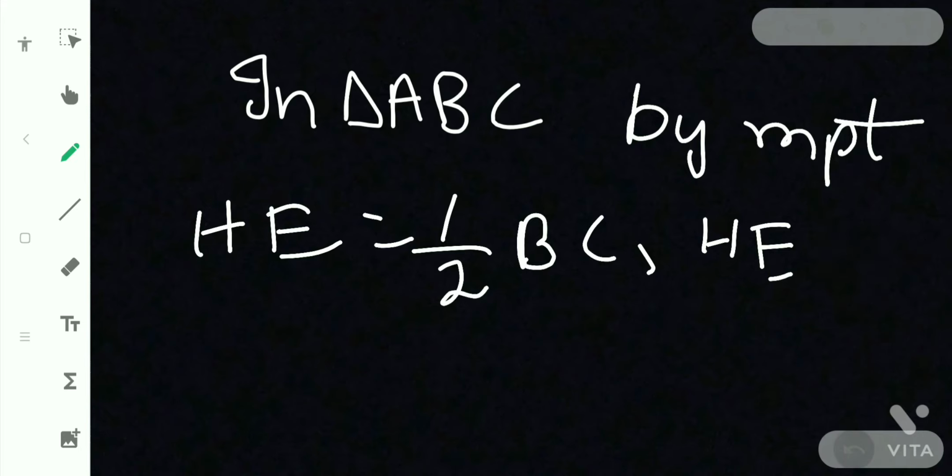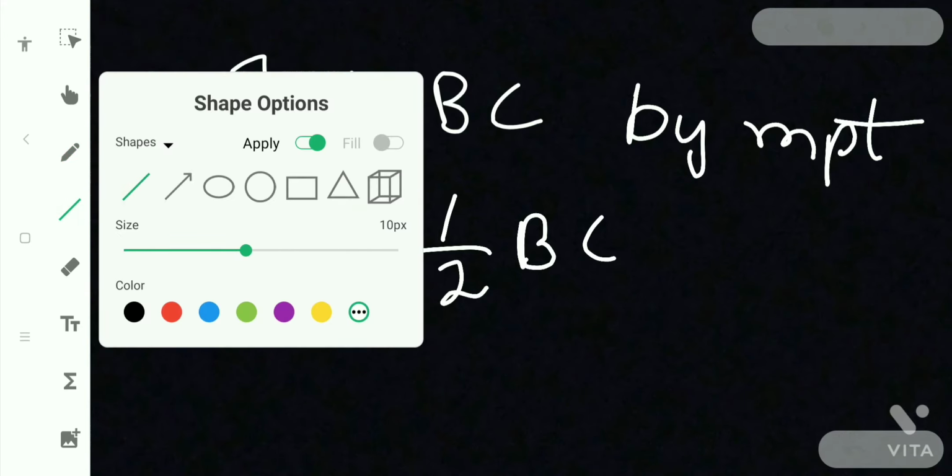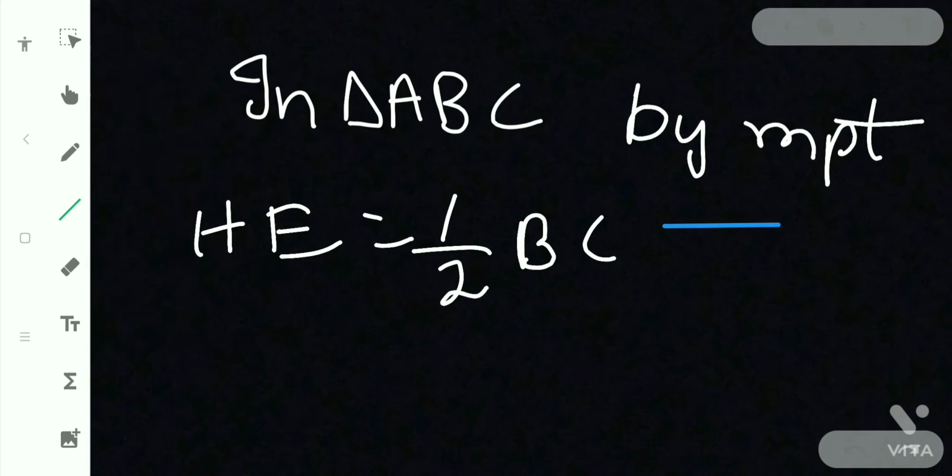Now let us leave HE is parallel to BC. Just take HE is equal to half of BC. Let us make it our fourth equation.